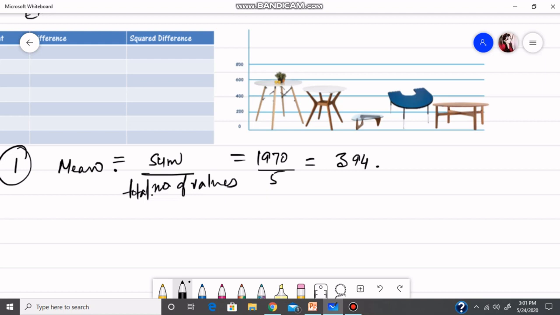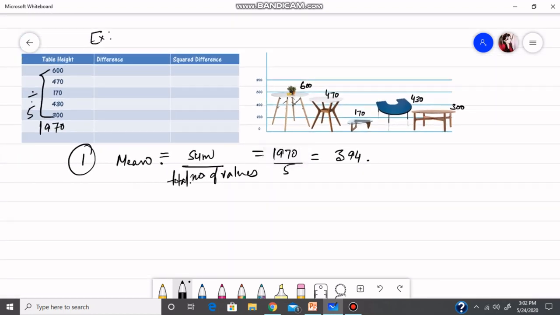Let's write down the values here, since there is no exact plotting. So this is 600 in size, this is 470 in height, this is 170, this is 430, and this is 300.